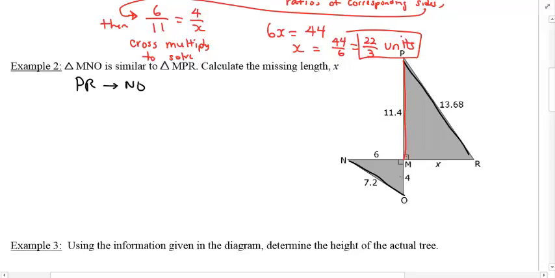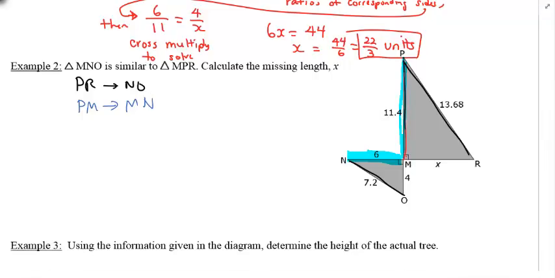If I compare the lengths, it looks like the 11.4 is the longer of the two remaining sides, and that should correspond to the longer of the two remaining sides on this triangle. So therefore, it must be MN. So PM connects with MN. And then finally, MR must relate to MO.